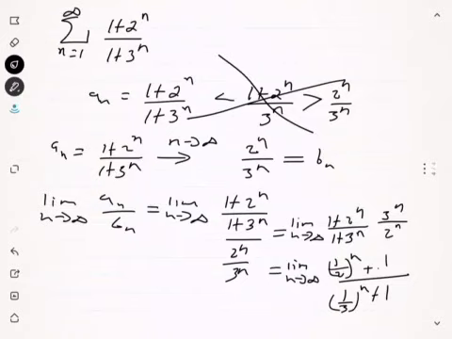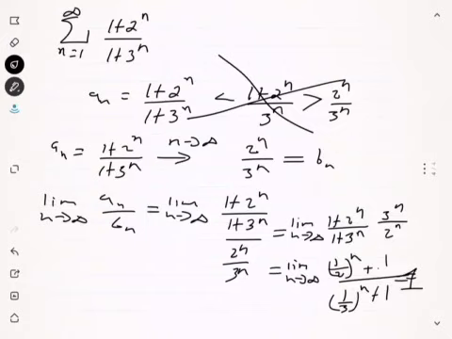Basically, you divide the numerator by 2^n and the denominator by 3^n. Anyway, this is equal to 1. This limit is equal to 1.